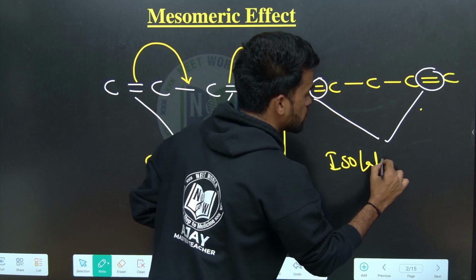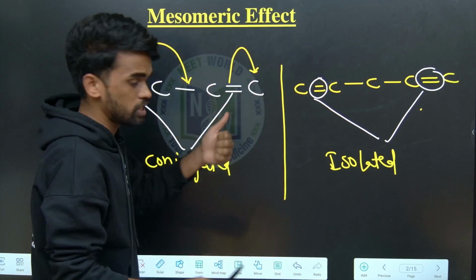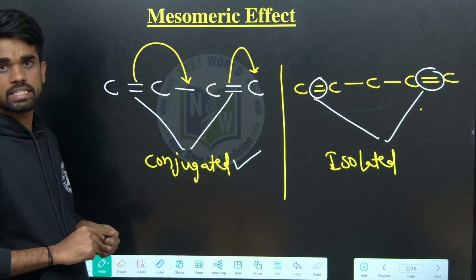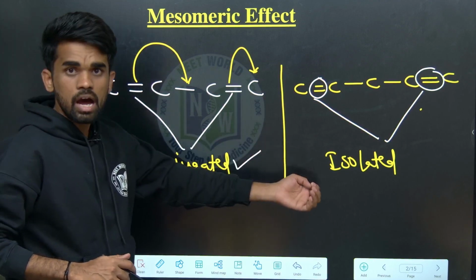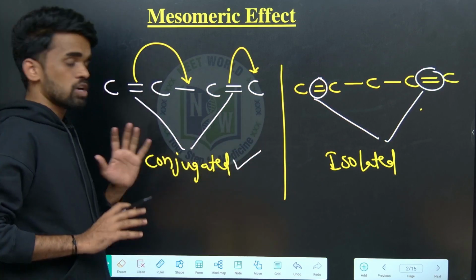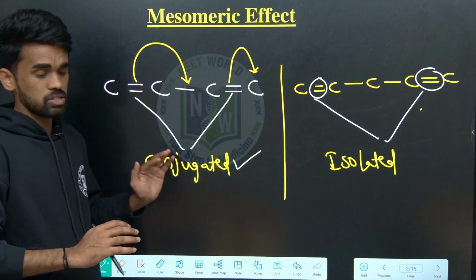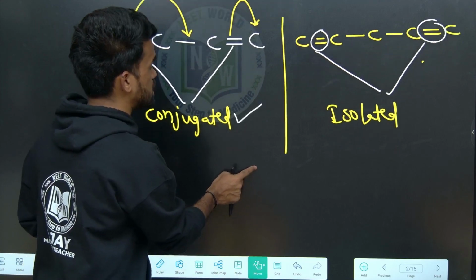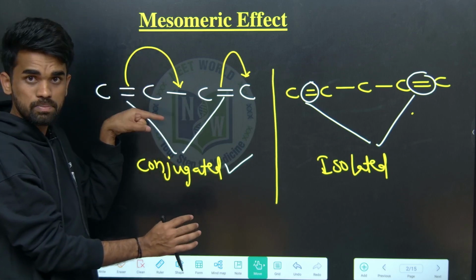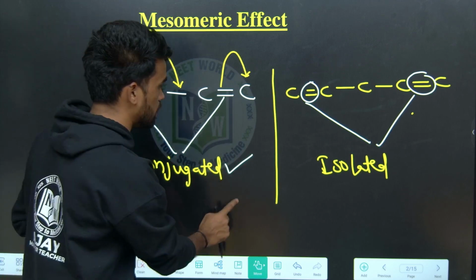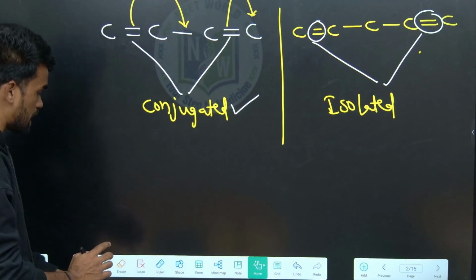Okay, so conjugation or delocalization of pi electrons is possible only in a conjugated system. You can remember conjugated dienes are more stable than isolated dienes because of the conjugation of these pi electrons. Now in this conjugated system we need to discuss the mesomeric effect. It means the mesomeric effect is possible in conjugated systems only. So what exactly is the mesomeric effect?